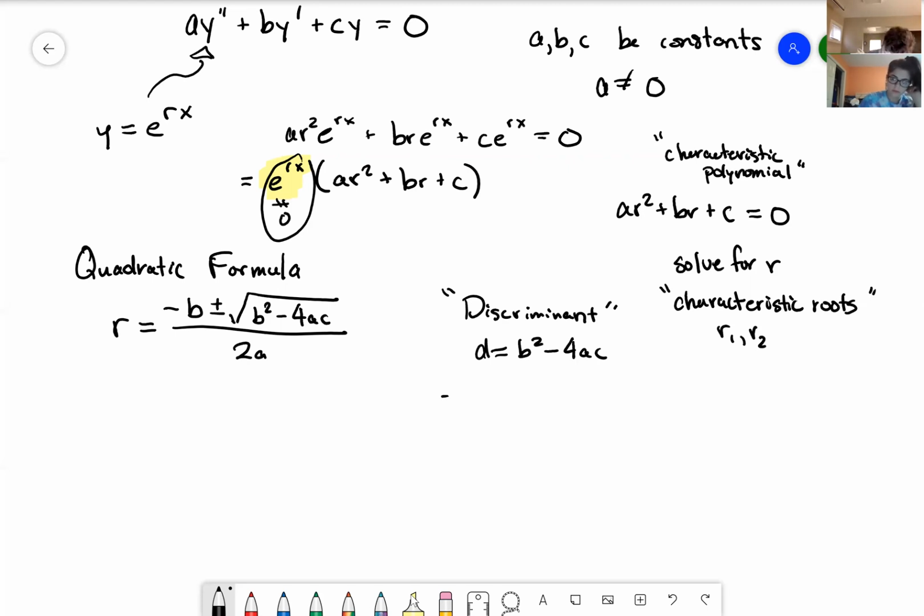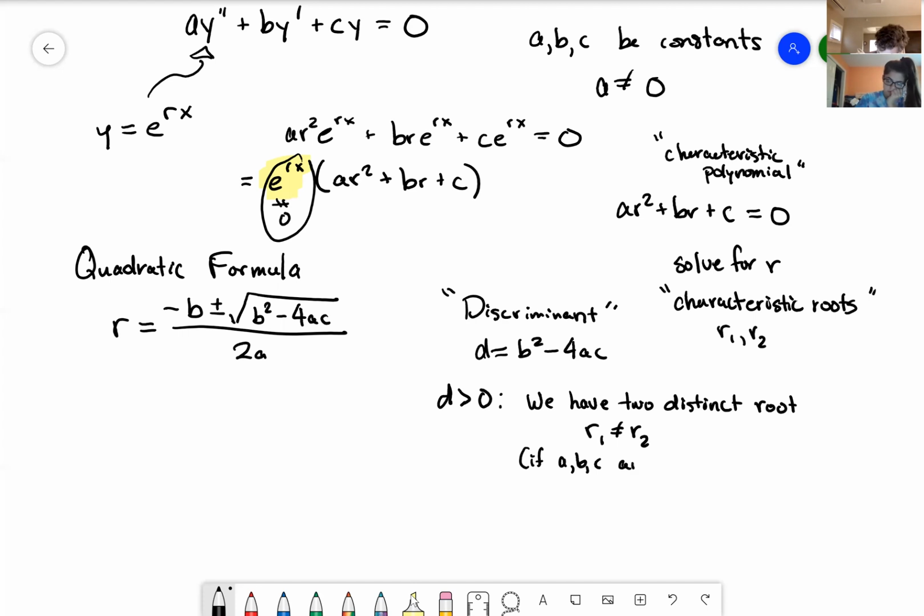So we could have D greater than 0. In this case, we have two distinct roots, r1 not equal to r2, and if a, b, and c are real, then r1 and r2 are real.